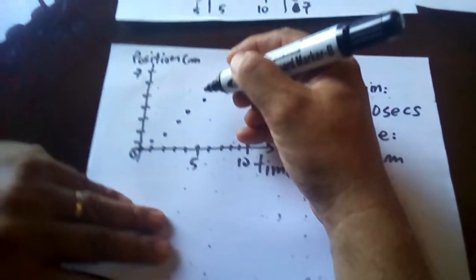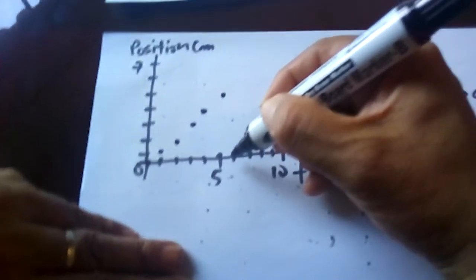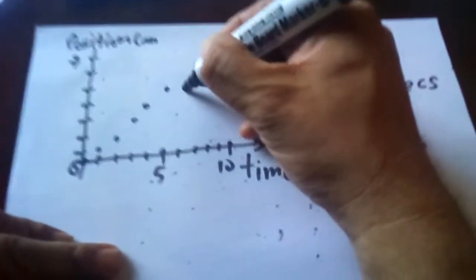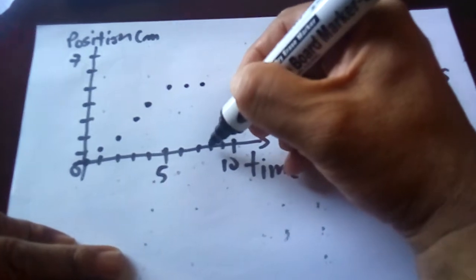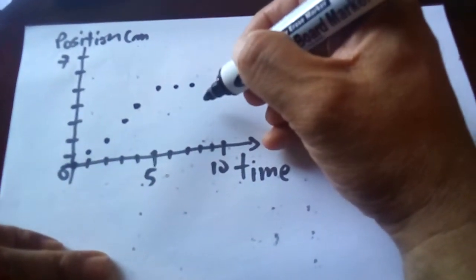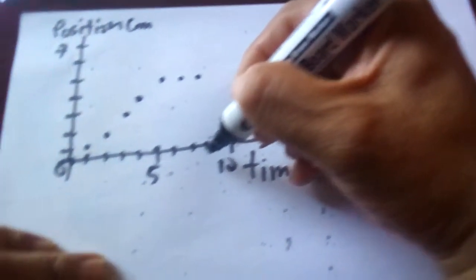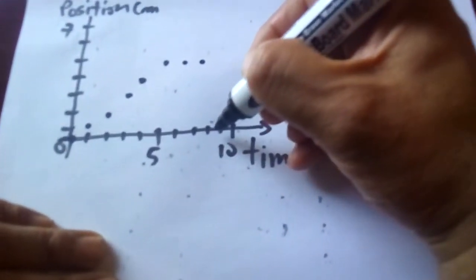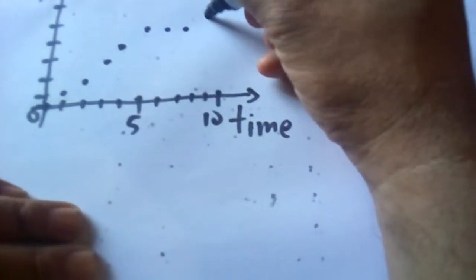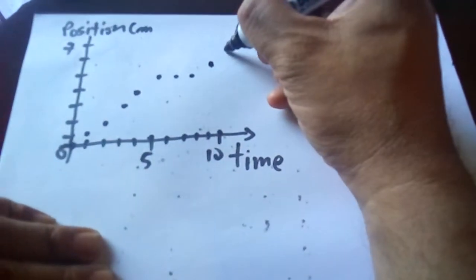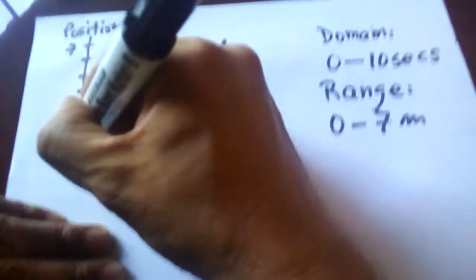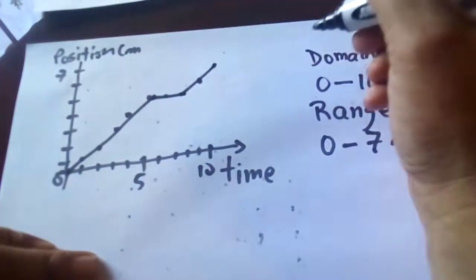And then he stood there for 3 seconds. 5, 5, 5, it's all the same place. And then he went on to the next position. When time was 9, he went to 6, and when time was 10, he went to 7. So this is the graph of our traveler.